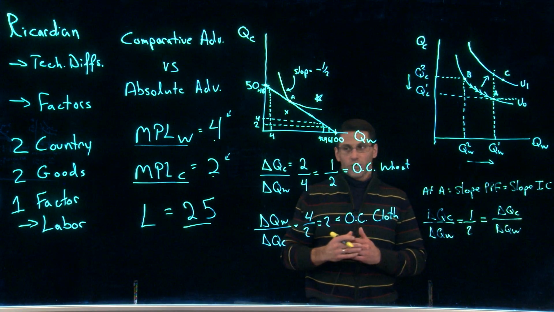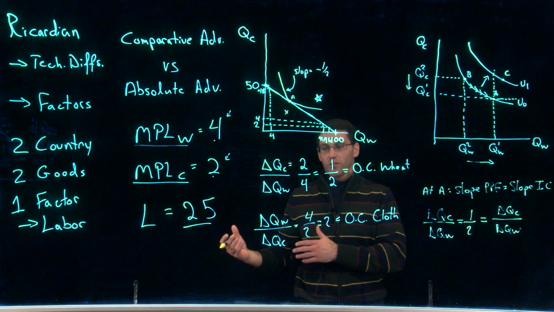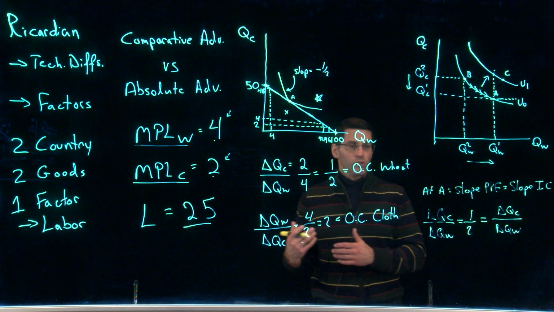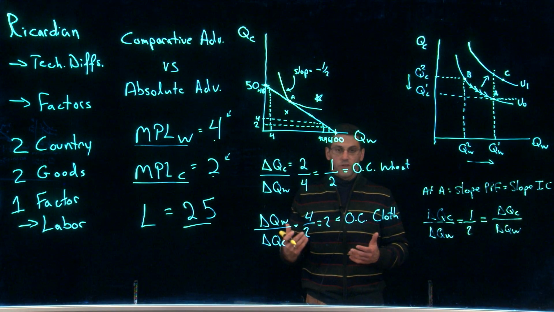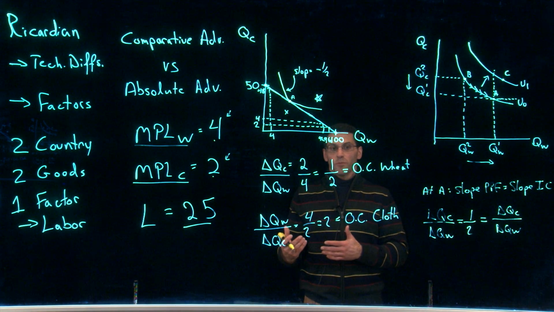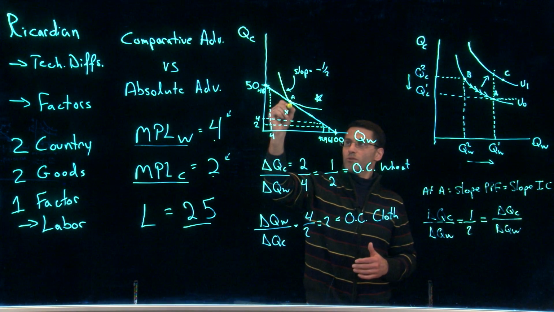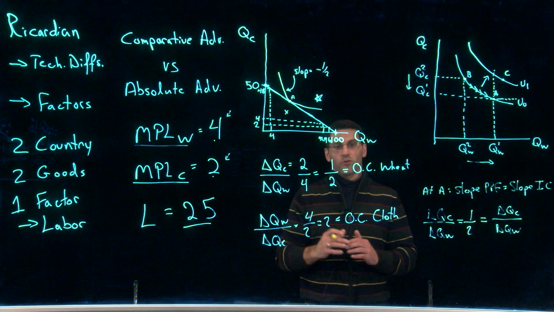That's the point where the trade-off that you're forced to make based on technology, based on the productivities, is equal to the trade-off you are willing to make as a society in terms of your consumption. And we call that a stable equilibrium point, because there's no incentive for society to deviate from that point without any external changes to our model.